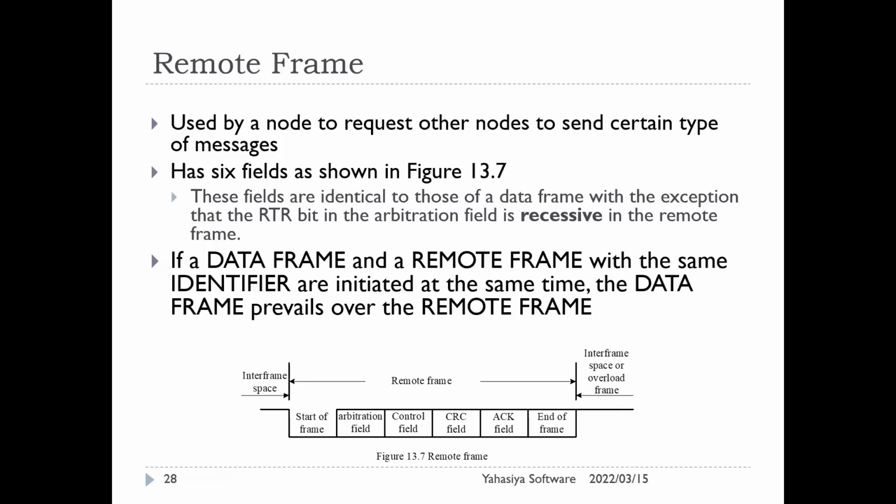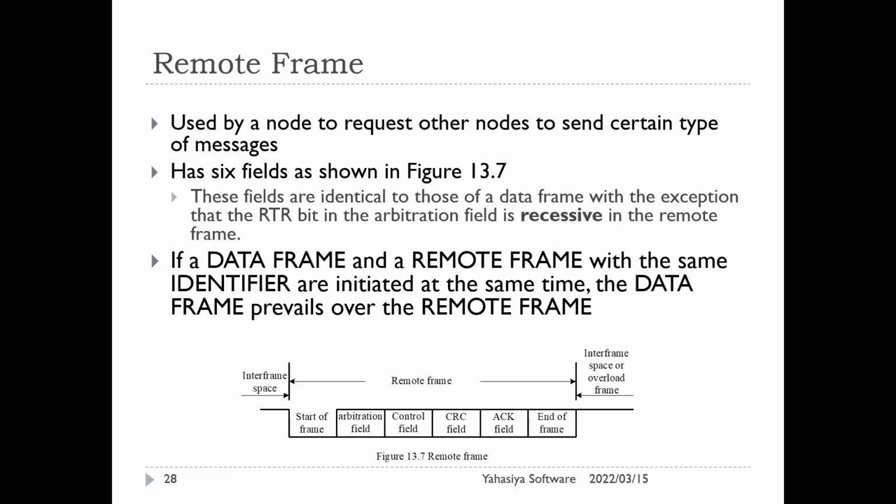Because of that, a receiver is asking the transmitter to send that particular message. That 120 is asking 120 again. So now we have 2 packets with the same identifier. I told you before, it is not possible to have 2 packets with the same identifier in a CAN bus, but it happens now. But actually they are not the same packets, they are different types of packet.